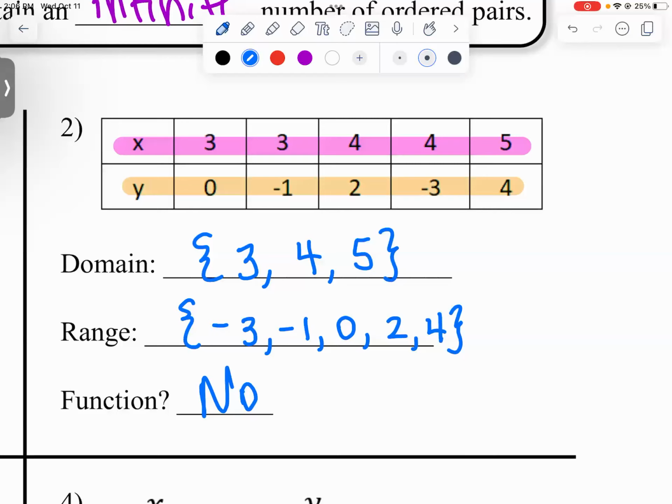Yes. Now, that is a good question. I don't think I would ever give that to you, but could we determine if this was a function based on this? Yeah, we could, because I don't have enough domains to have unique ranges.